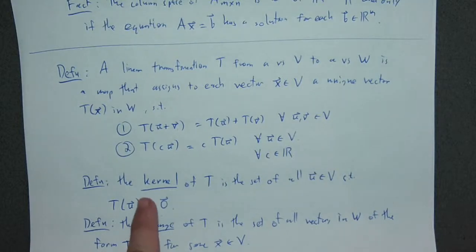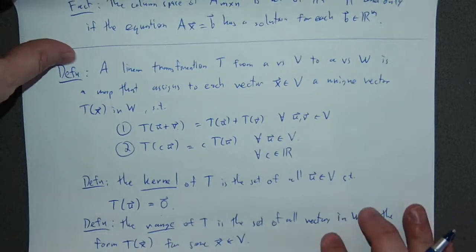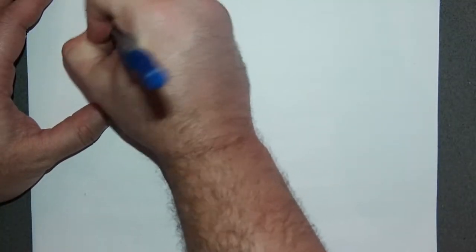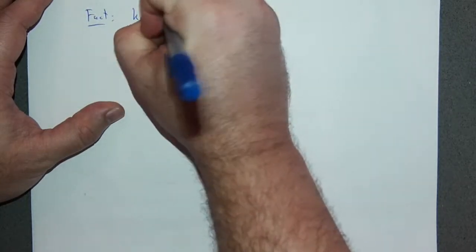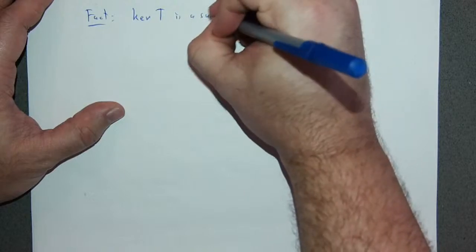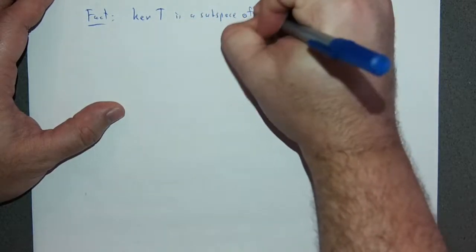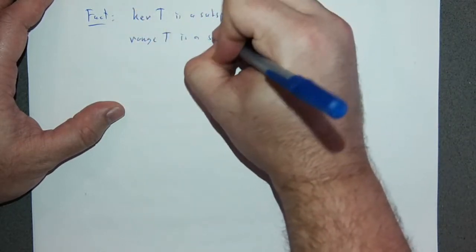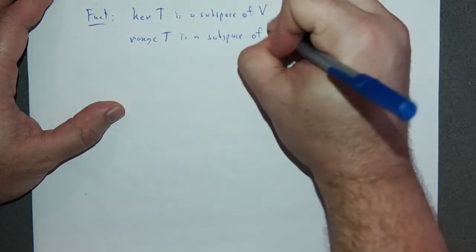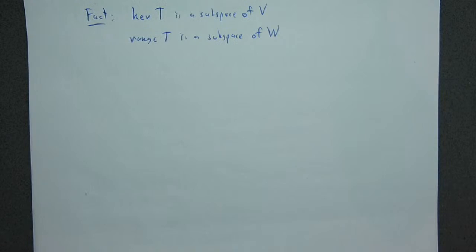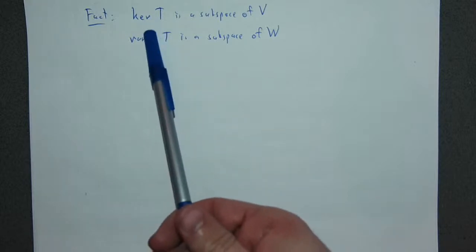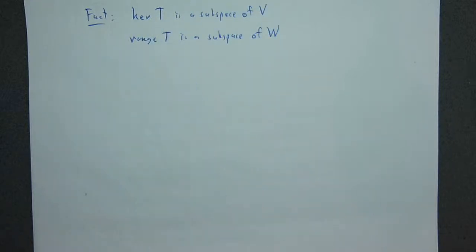So the kernel is a subspace of V. The range is a subspace of W. Note, in fact, the kernel of T is a subspace of V, and the range of T is a subspace of W. As you might have already guessed, if the kernel of T is the 0 subspace of V, T is 1 to 1.